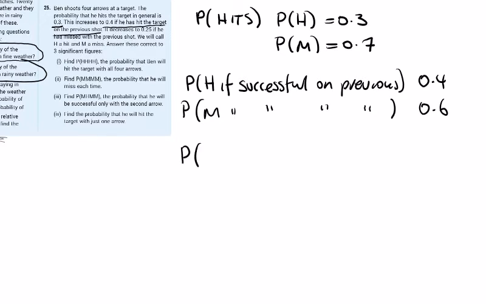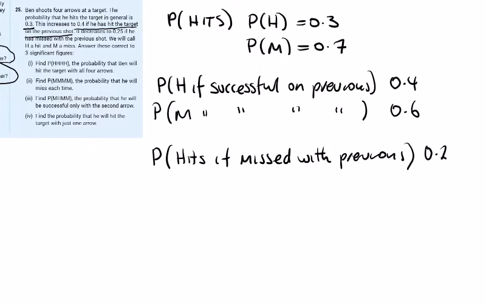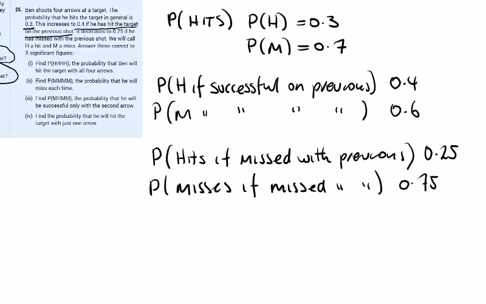So the probability that he hits if missed with previous, that's going to be 0.25. So the probability that he misses if missed with previous must be 0.75. We will call H a hit and M a miss. Answer these correct to 3 significant figures.